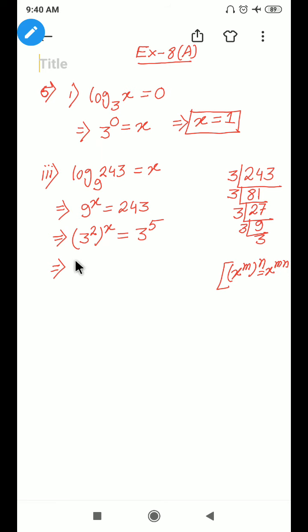Now you can write this as 3 to the power 2x is equal to 3 to the power 5. Now if you compare both sides, you will get 2x is equal to 5. So x will be 5 by 2.